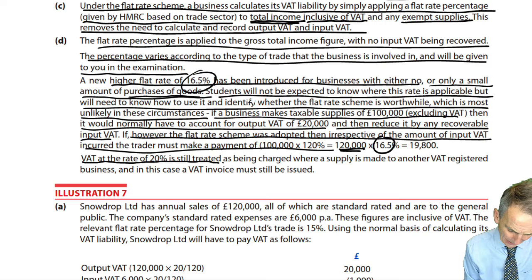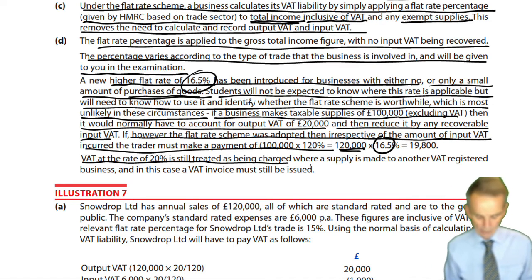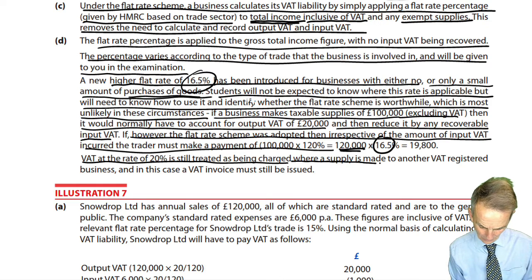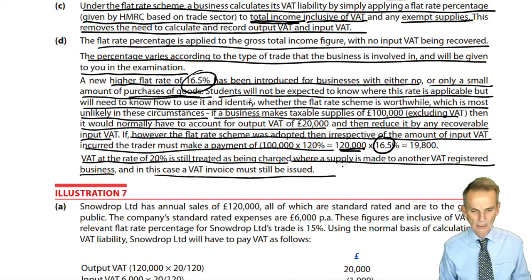VAT at the rate of 20% is of course still treated as being charged. You have to charge the VAT where applicable in relation to standard rated sales. Where a supply is made to another VAT registered business, a VAT invoice must still be issued.